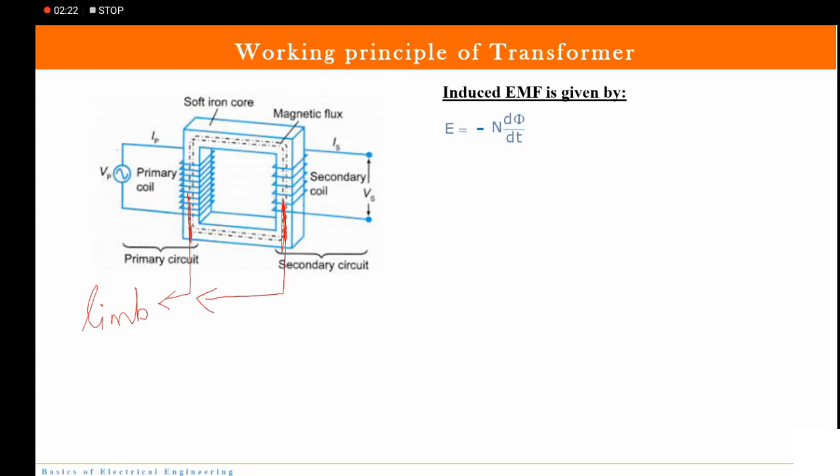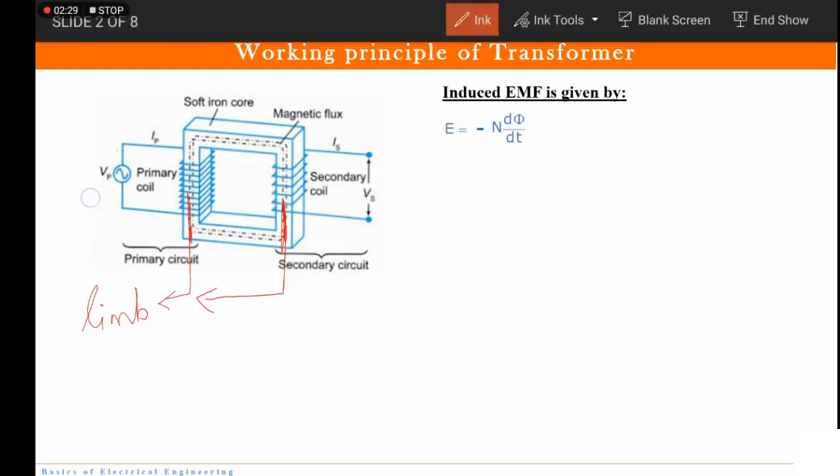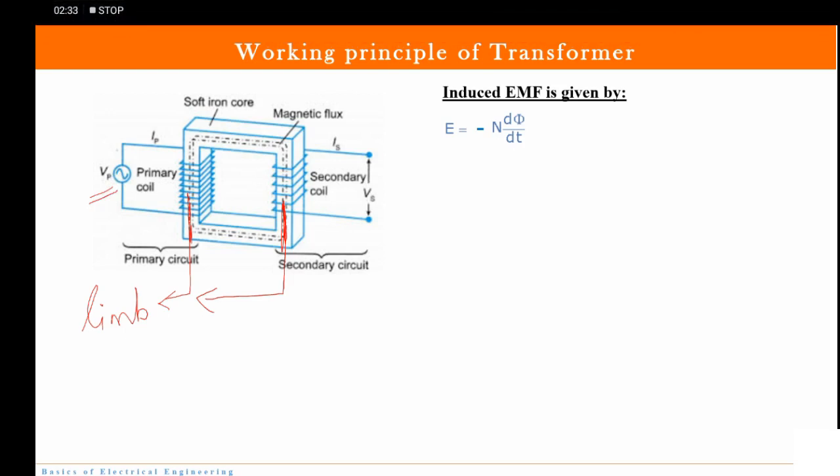Now what happens is, first of all, we apply some input signal at the transformer. Now this input signal is represented by Vp, and as I said, this has to be an AC signal. Now see, this is a coil and it is wound on one of the limbs of the transformer.